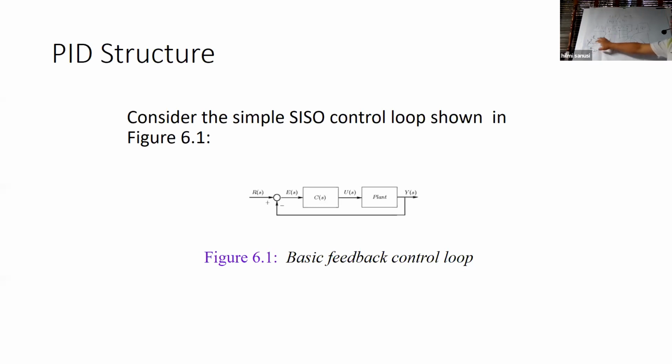Kita pergi dekat mana-mana response tu, dekat mana yang kita tak suka, dia punya curve dia. So this thing will give you a few things. Dia akan give you phase margin and dia akan give you gain margin. So you will get both. So any system yang tak ada phase margin dengan gain margin, by introducing this, you will get some phase margin and also gain margin. Itu dia punya idea dia.